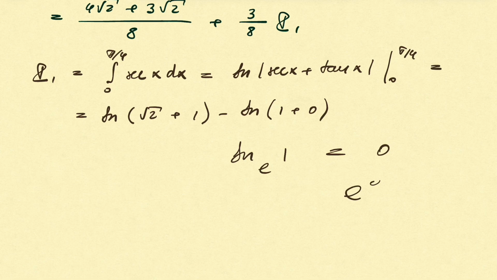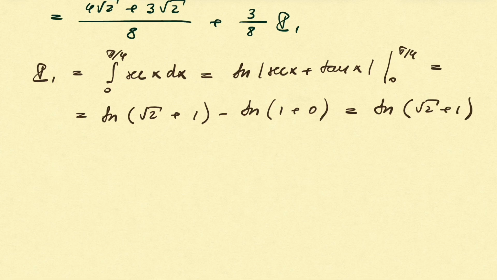E to the power of 0 is 1. Okay, then it means that for I sub 1 we have ln of square root of 2 plus 1. Great.